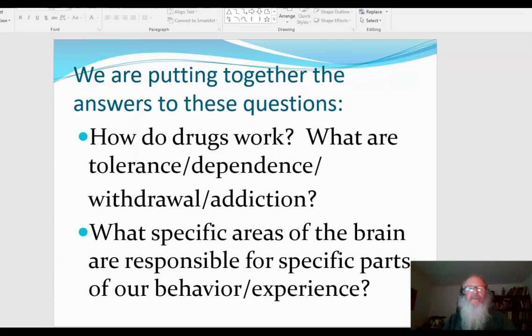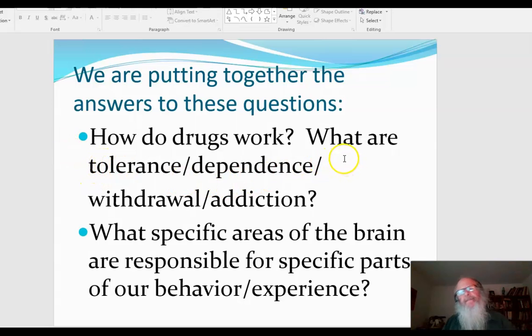Actually there's more to it, but two big questions can help you frame how to put together all the little pieces we're talking about bit by bit, to help you understand bigger questions which are both interesting but also in a lot of respects very important. One of those that's both important and interesting is the question, how do drugs work?